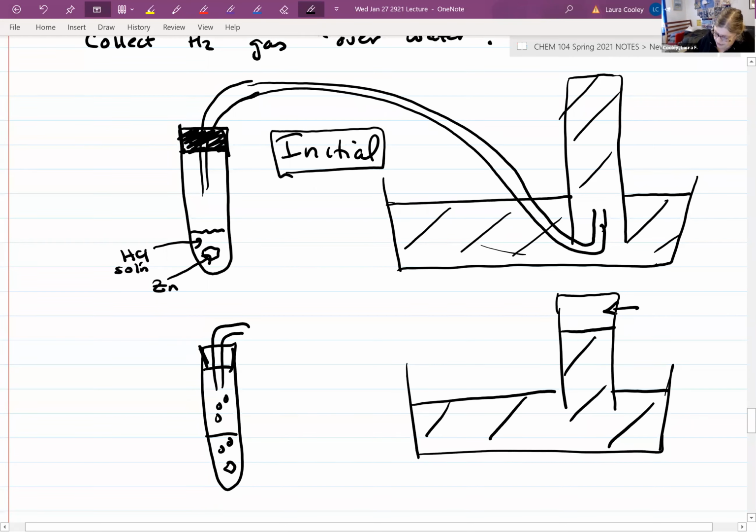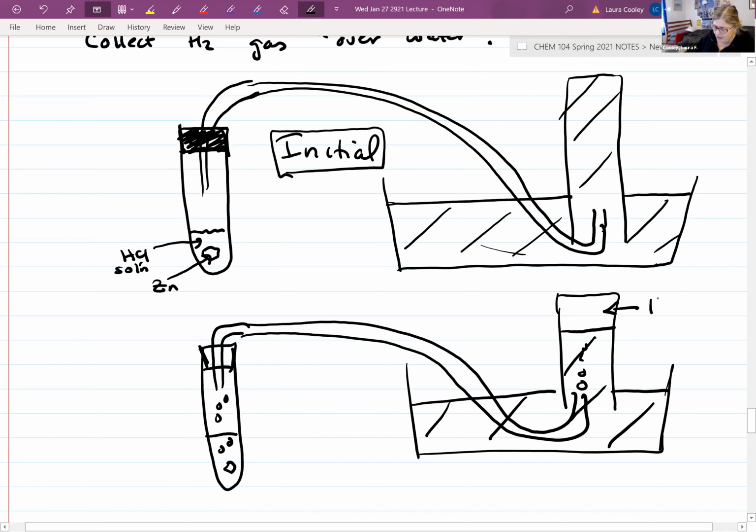Here it looks like there's nothing there, but we've been seeing the bubbling action happening. I guess I should draw the tubing. So you're seeing bubbles going up, and here's the H2 gas.